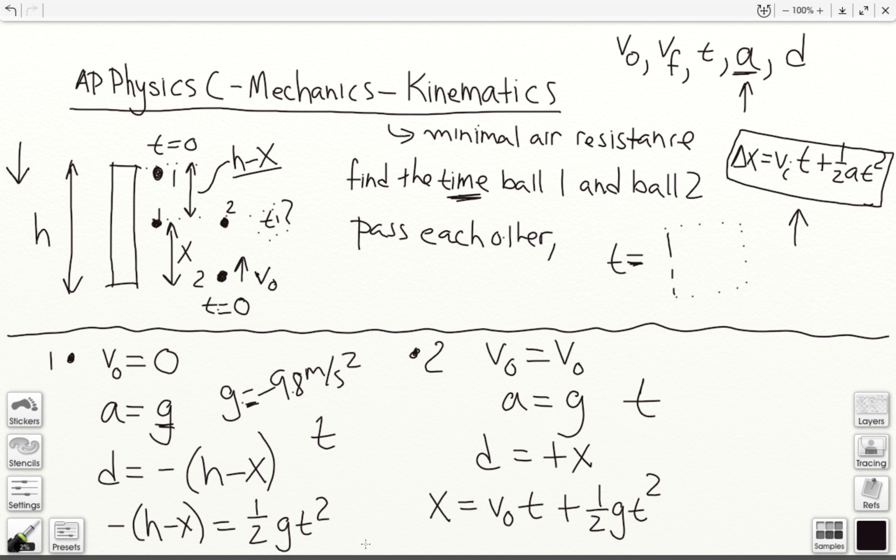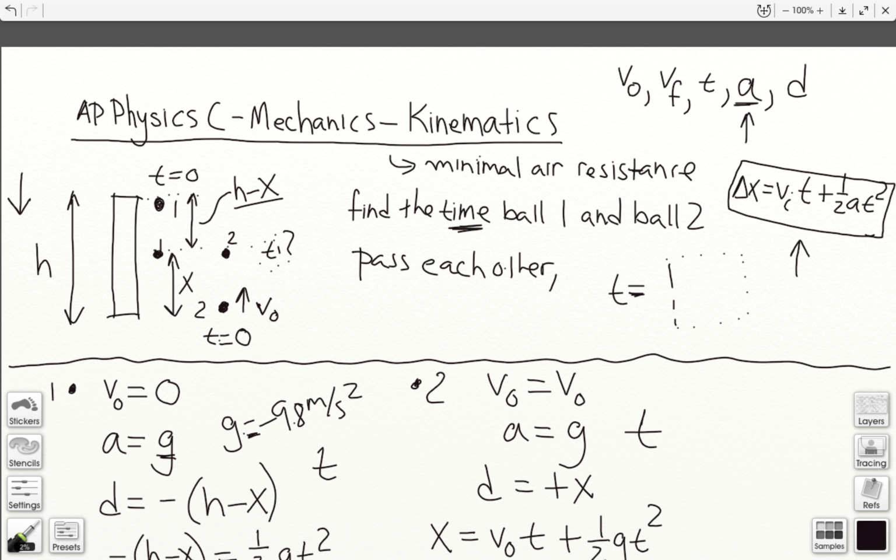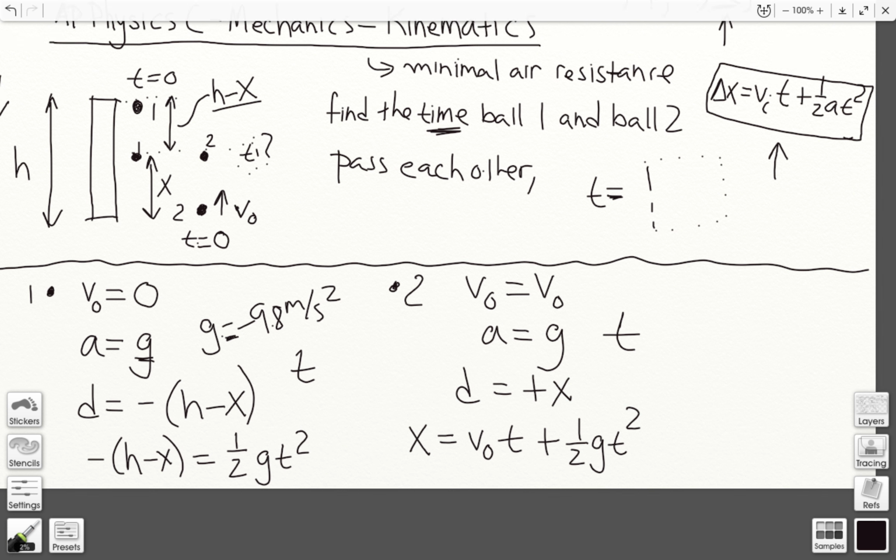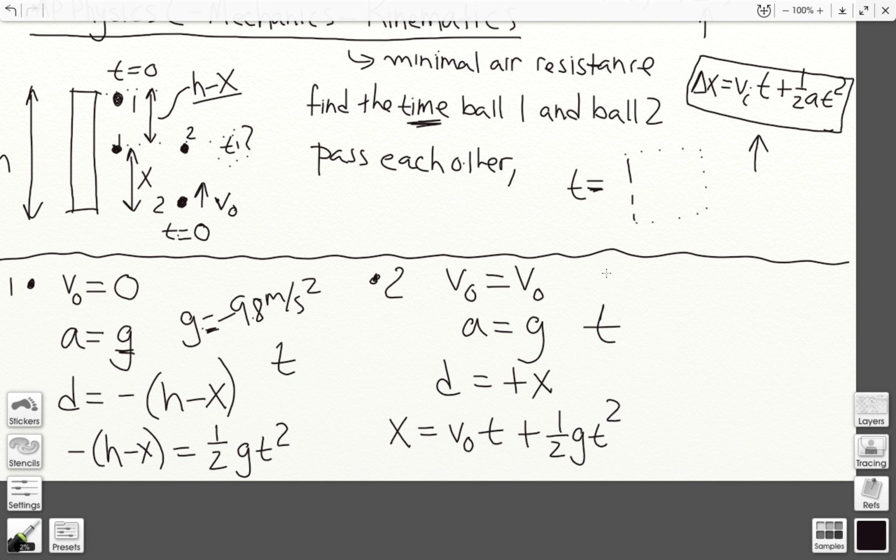Now basically we have a system of two unknowns, x and t, and two equations. So what I'm going to do is first simplify the first equation. That turns out to be negative h plus x equals 1/2 gt squared. Now I'm going to multiply this whole equation by negative 1, and you're going to see why in a second.